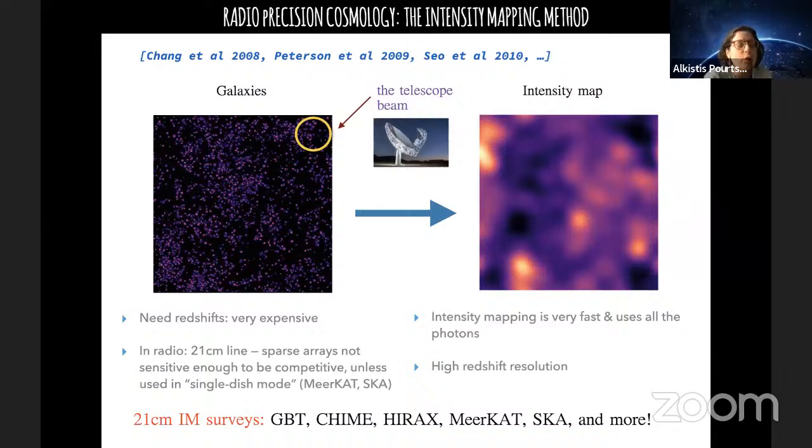What we are used to in cosmology when we have large surveys are usually optical galaxy surveys, where the final data product is a catalog of galaxies with right ascension and declination coordinates and redshifts, ideally spectroscopic redshifts.